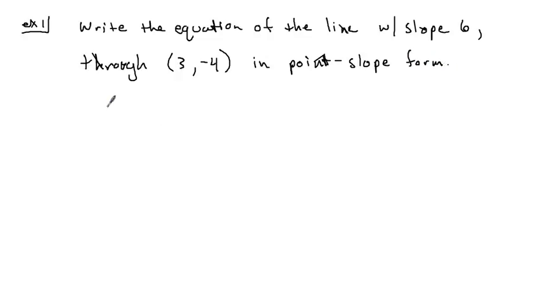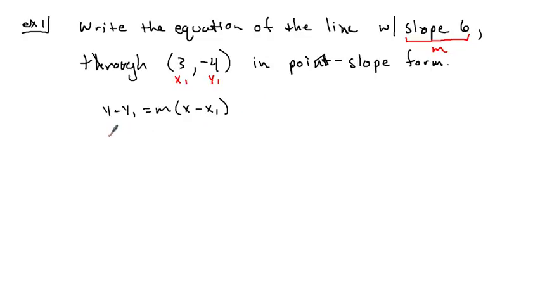Right? So we remember point slope form is y minus y1 equals m times x minus x1. Well, very quickly, we can see right here when it says the slope is 6, that's the m. And when it tells us a point it goes through, that's the x1 and the y1.